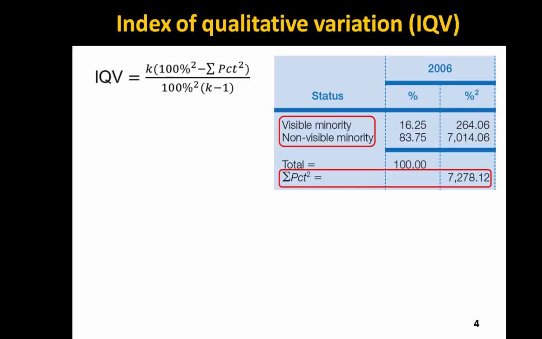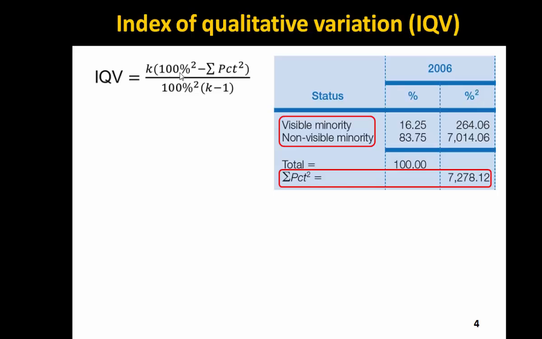So we just go through the table, we identify our components in our equation, and now we substitute. K refers to the number of categories. So here we see 1, 2 categories. We take the value that we summed vertically, we input it into our equation, and we see K appearing once again. 100% squared is an intrinsic part of the equation, and we just include it.